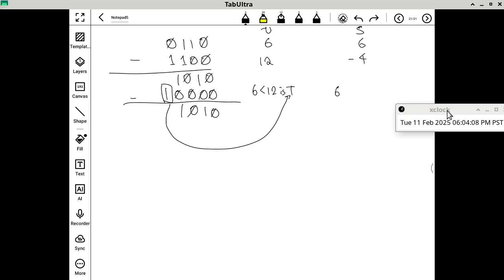So we say 6 is less than negative 4, and this bit is telling us the answer, which is true. And you guys are now going like, what the? It's wrong. 6 is not less than negative 4. So the sign bit of the difference, again, has betrayed us. Are we good so far?